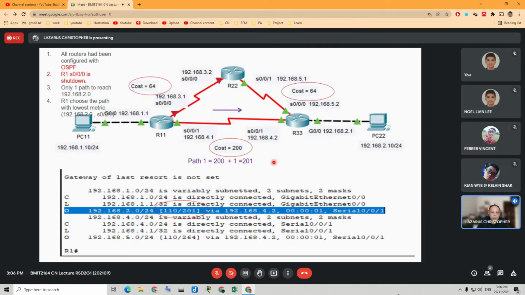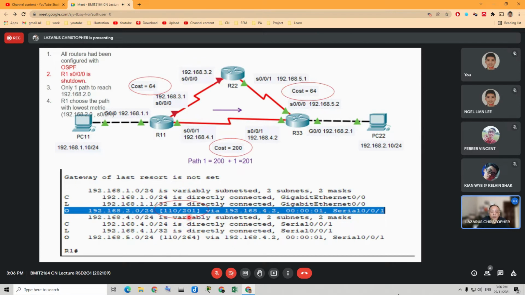Okay, so let's say we shut down this path because we want to see what happens. Then there's no more comparison because we only have one path. So definitely the one with 201, remember 1 is this part, so 200 plus 1 is 201.